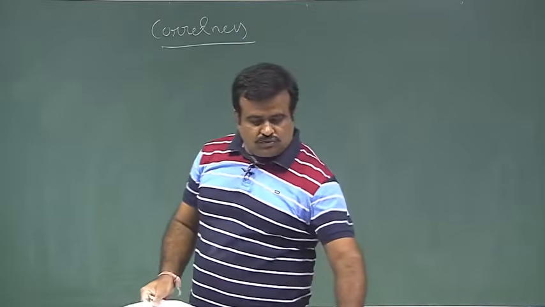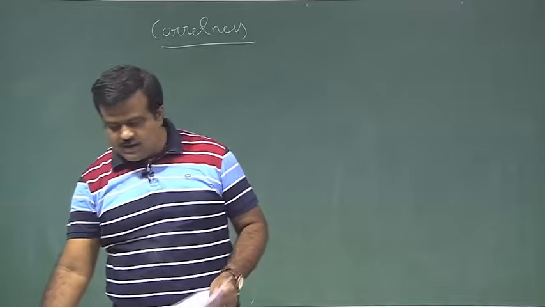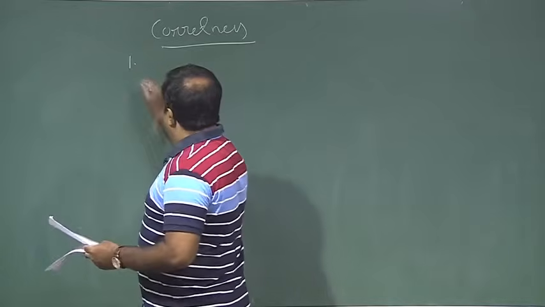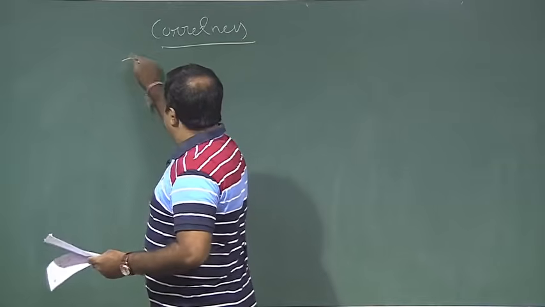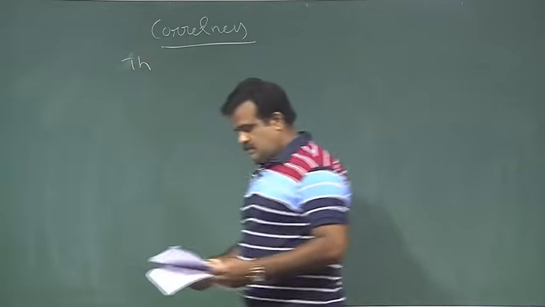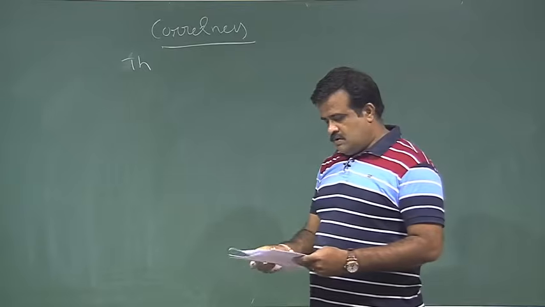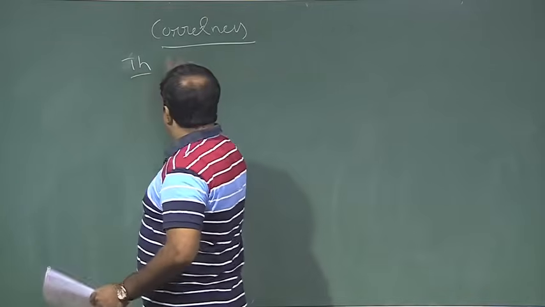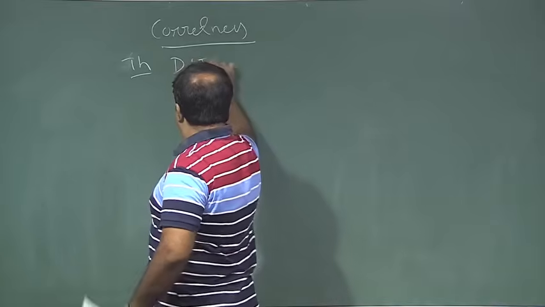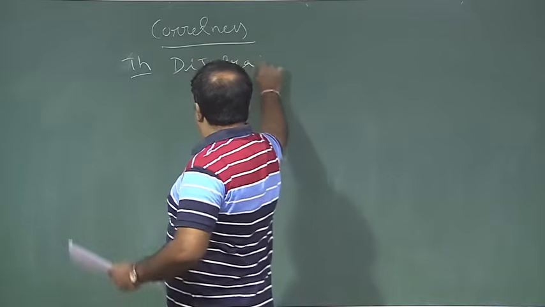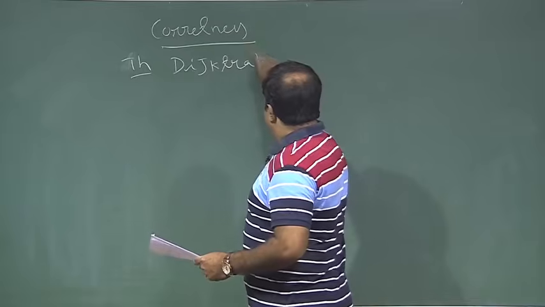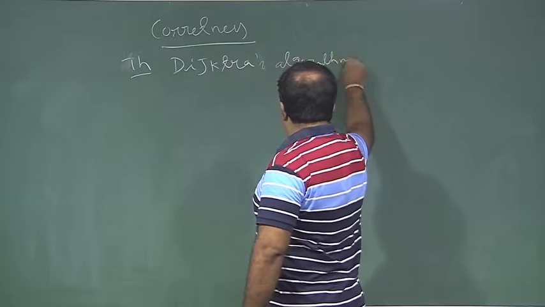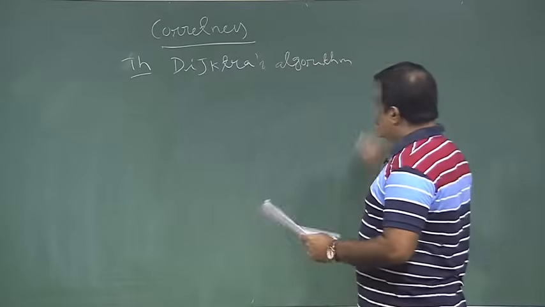there is a theorem for this correctness. So we can just write it as one theorem. Dijkstra's algorithm terminates.